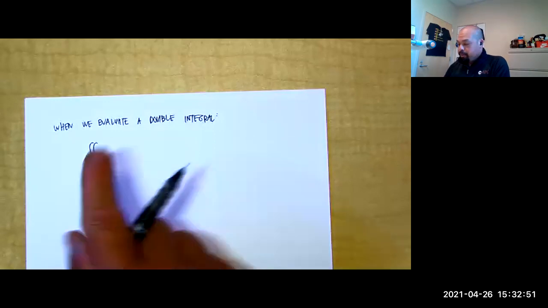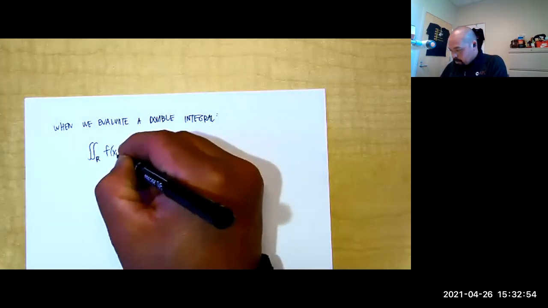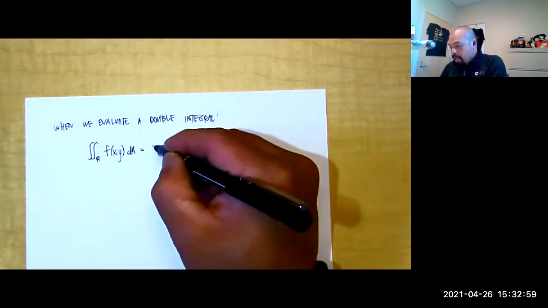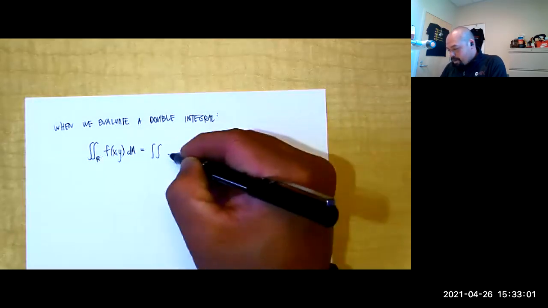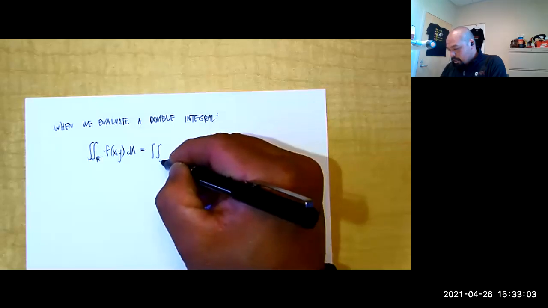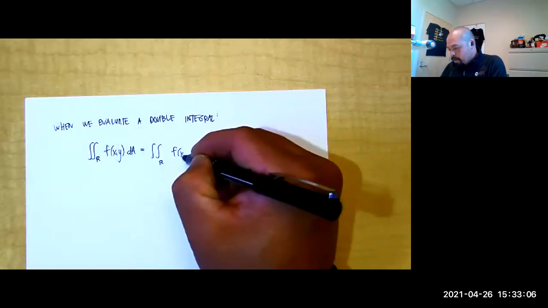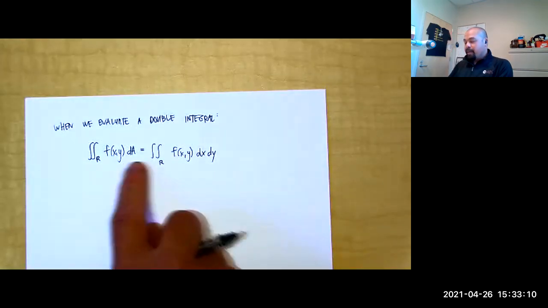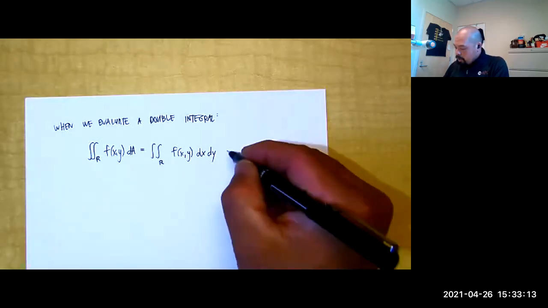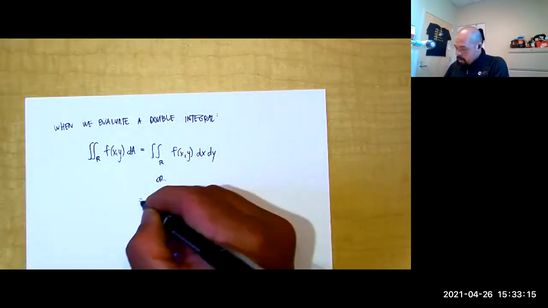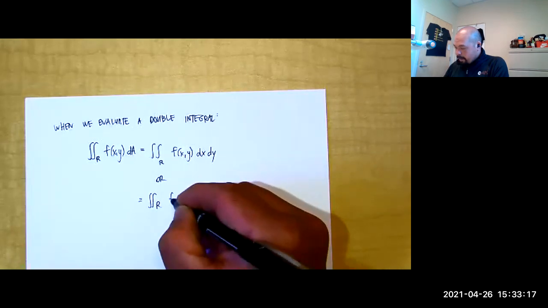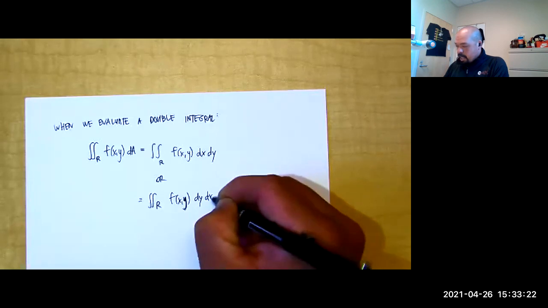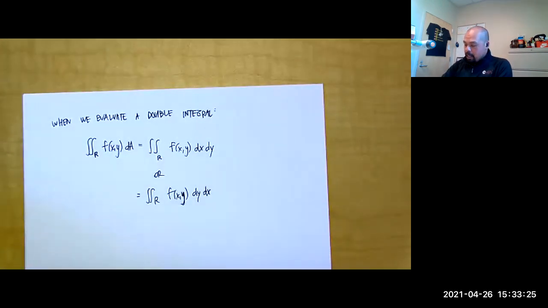There's going to be more than one variable, typically x and y. And again, I'll put a dA. It can either be a case when we have, I'm going to leave it R, that integrating factor dA becomes dx dy, or integrating that region R, f of x y, dy, dx.